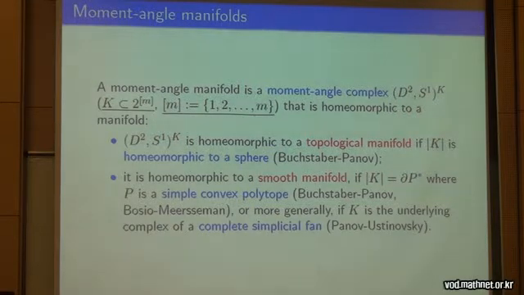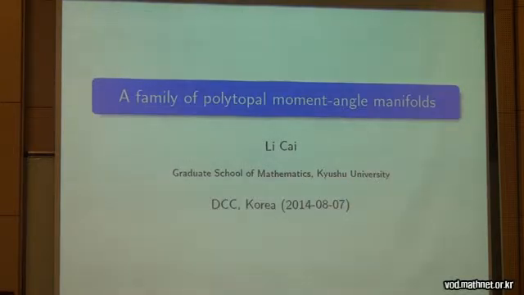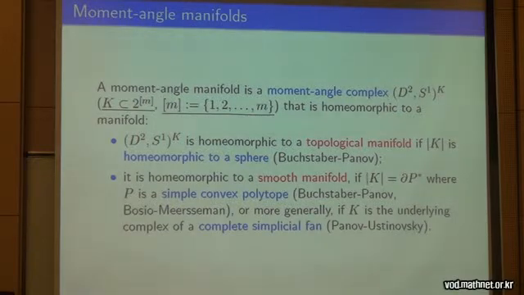So first, let's look at the topological category. A sufficient condition is given by Buchstaber and Panov: when the geometric realization of K is homeomorphic to a sphere, then it is a topological manifold. And for the smooth situation, it is a classical result that when K is dual to a simple convex polytope, then it can be given a smooth structure.